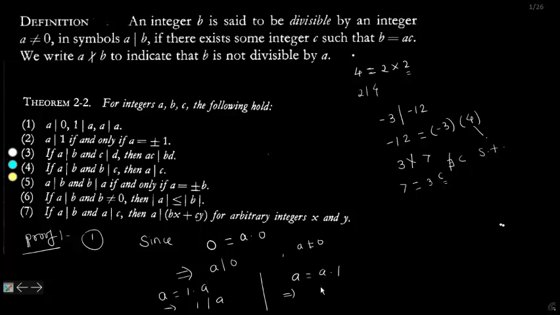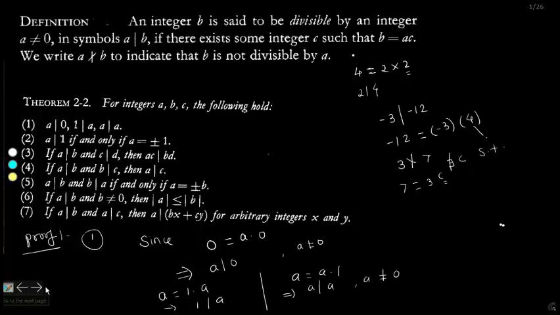This implies that a is a multiple of a, so a divides a. Here also a is not equal to 0. So any non-zero integer divides 0, 1 divides any integer a, and any non-zero integer divides itself. So this is the first part.